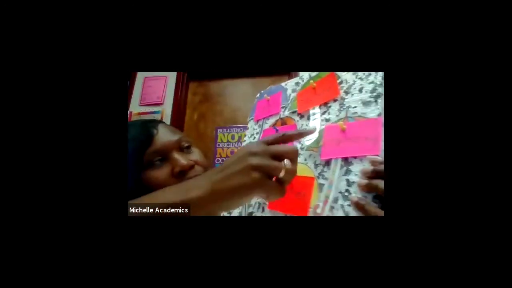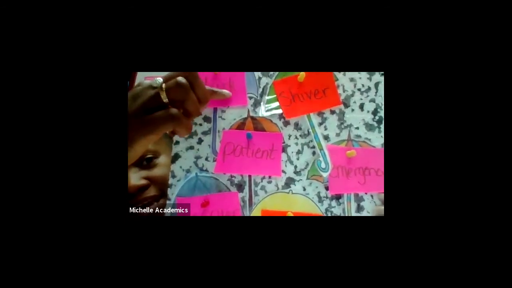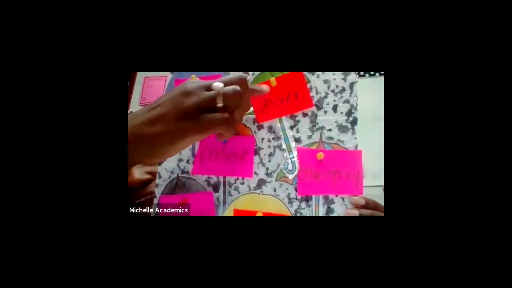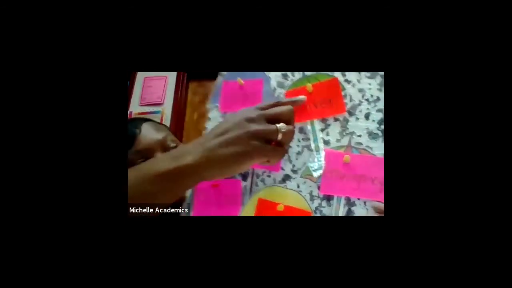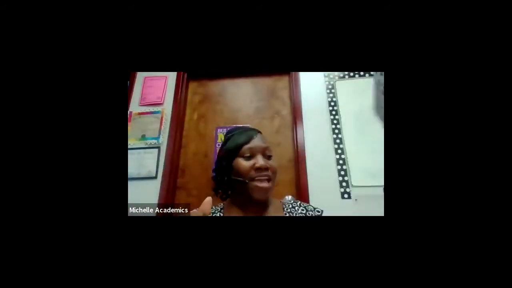And I also created a different kind of game like this one, where they have to say the words. Sometimes they're color coded. One color could be words for that particular lesson, and the other color would be words from the previous lesson. So if the word is shiver, they would have to say the word shiver, and sometimes they have to demonstrate shiver. On the back of the card, the name of the game was Make It Rain.